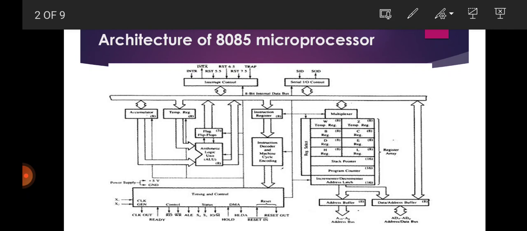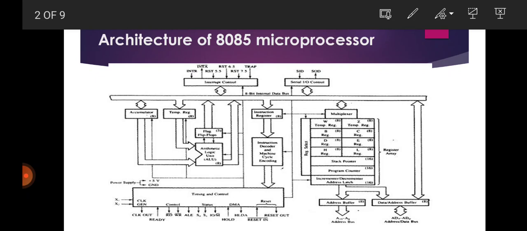And then the instruction register is also there. It holds the 8-bit instruction through the internal bus of the MPU. The MPU fetches an instruction from the memory for its execution.